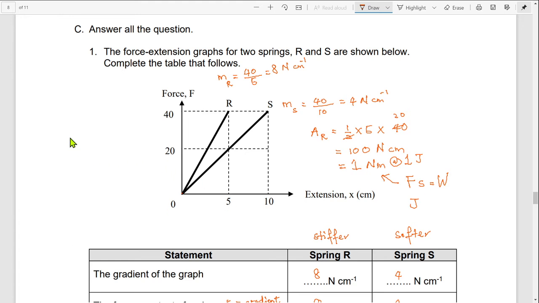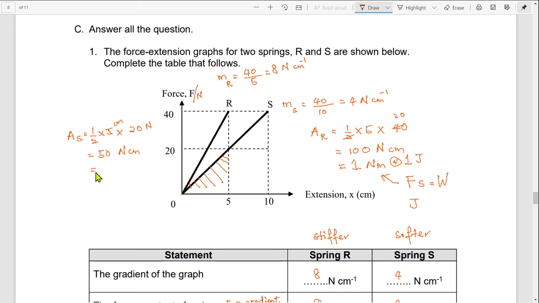Now, let's calculate the area under the graph for S. Okay, so we are referring to this area here. Extended only 5 cm. So I have 1 over 2 multiplied by 5, and the height of that triangle is only 20. So here I have 50 Newton centimeter. Okay, this 5 is in centimeter, right? And this 20 will be in Newton.